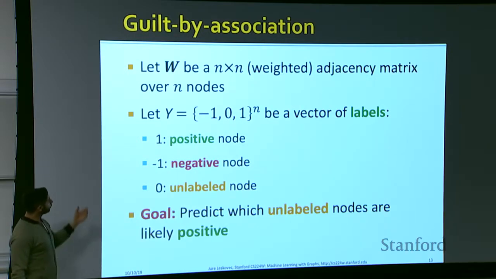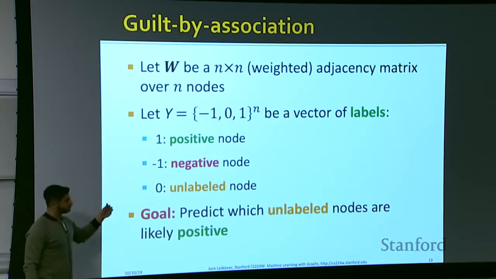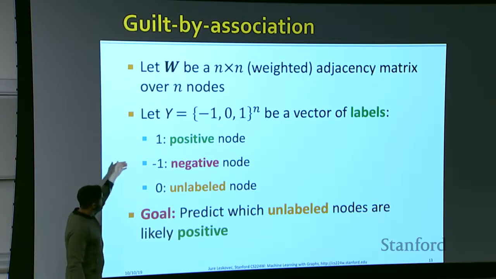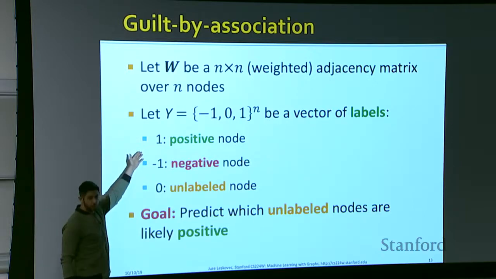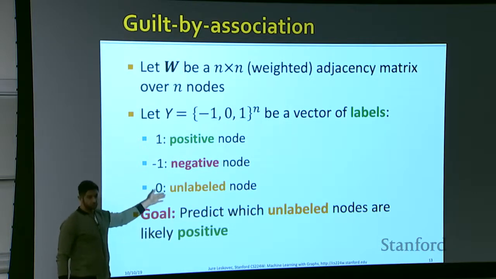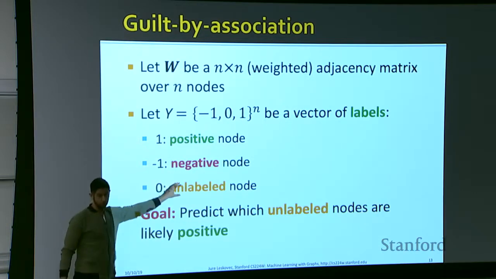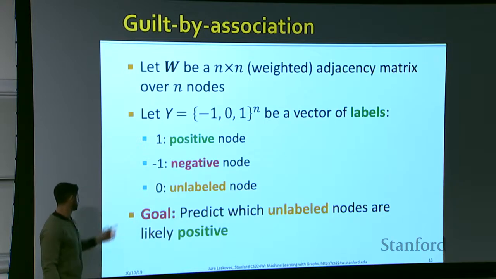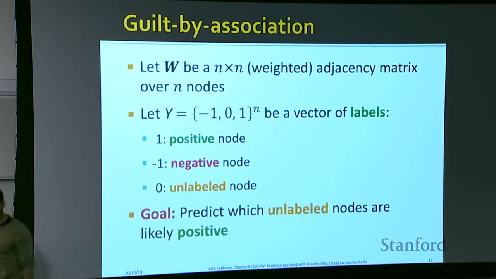And then we have our vector y, the label vector, and the entries of this vector could be 1, the positive label for a node, -1, a negative label for the node, or the case of the unlabeled node that we want to solve with our classifier, okay?